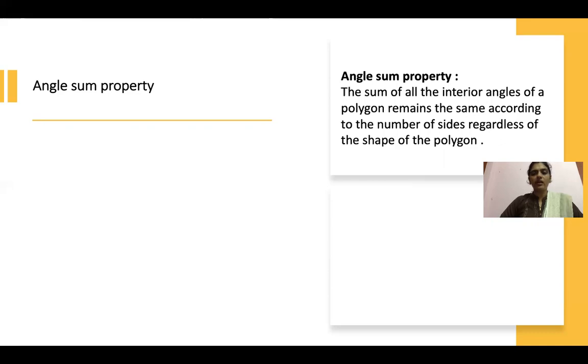For every triangle, sum of interior angles is 180 degree. Similarly, for quadrilaterals, sum of interior angles is 360 degree, whatever the shape it will have. So whether it is square, rhombus, or trapezium, for every quadrilateral, the sum of interior angles is 360 degree.